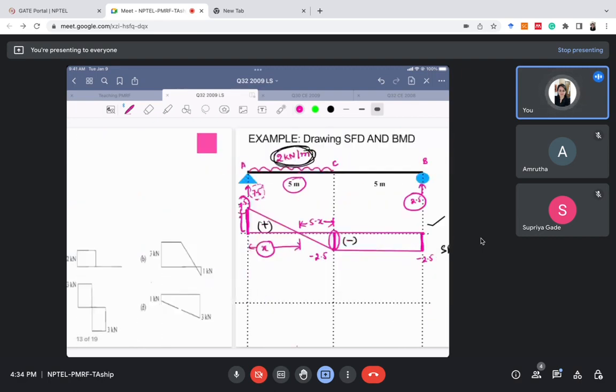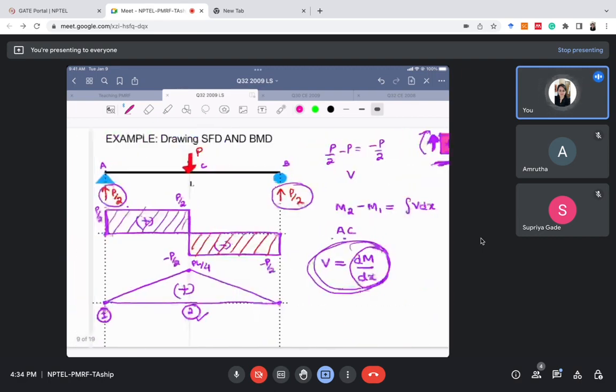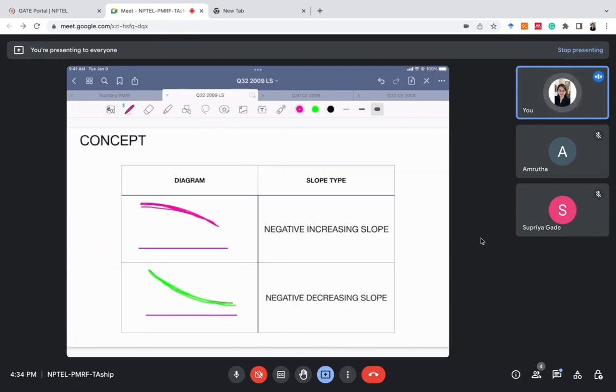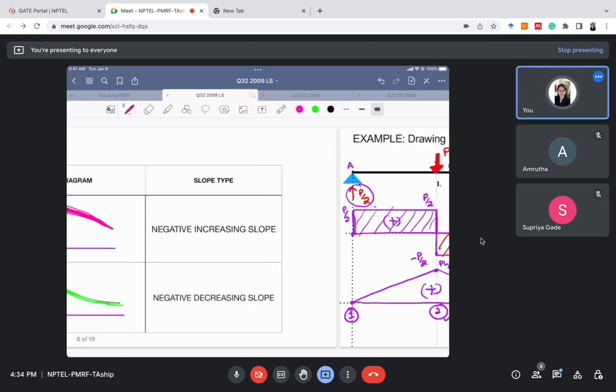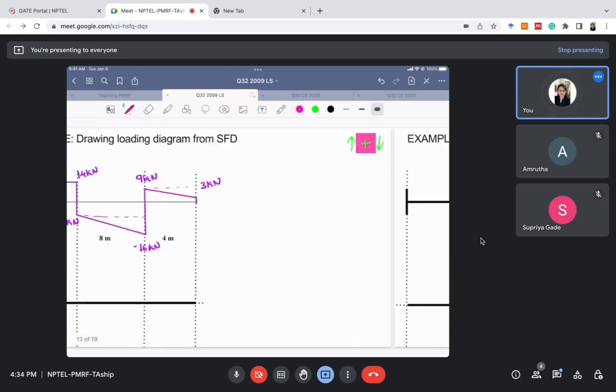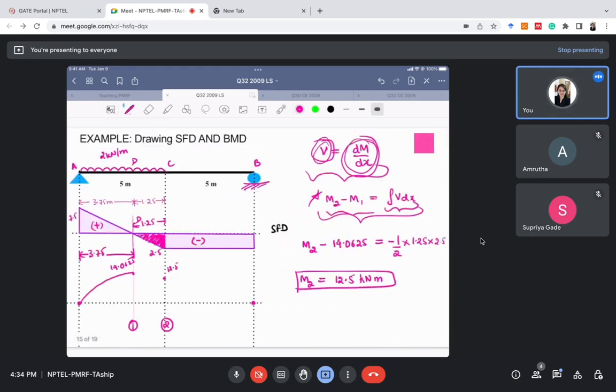So what is a negative and increasing slope? Negative and increasing slope looks like this. See how this slope is helping us in drawing the SFD and BMD. Therefore, we will join section D, section 1 2 by a negative and increasing slope, which is something like this.